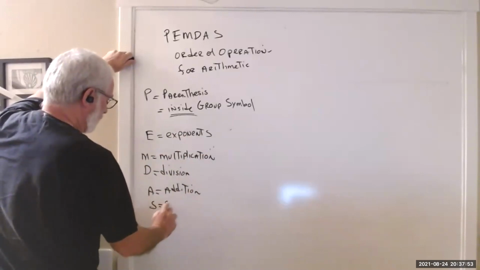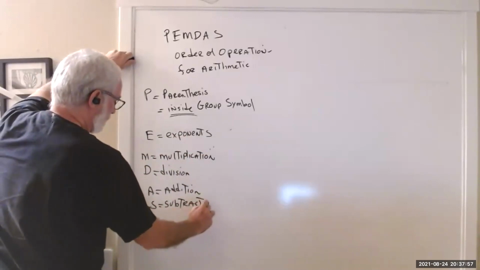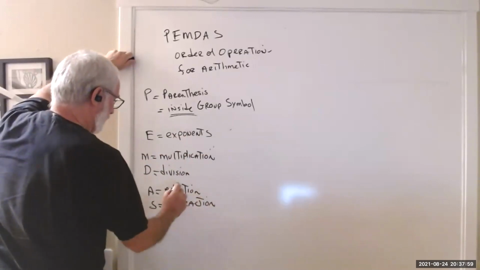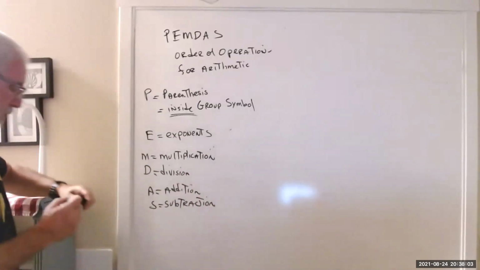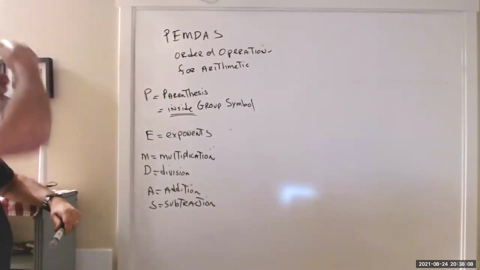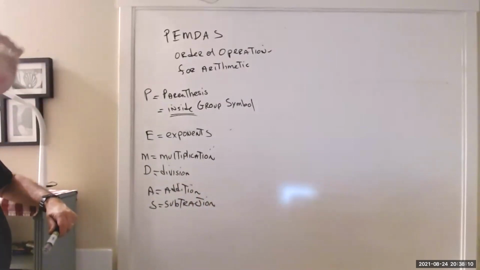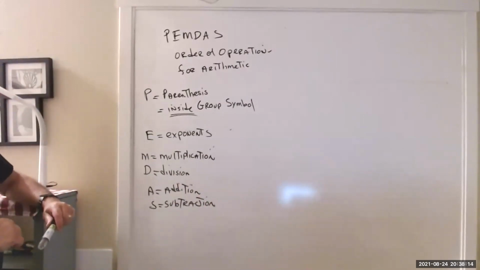S is subtraction. And I apologize for the bad handwriting, getting sloppy down there. Okay. Now, the problem with PEMDAS is it has, I don't want to call it an unwritten rule because it's very written, but people don't seem to remember that.